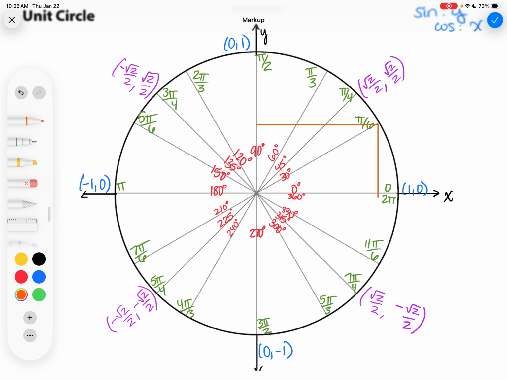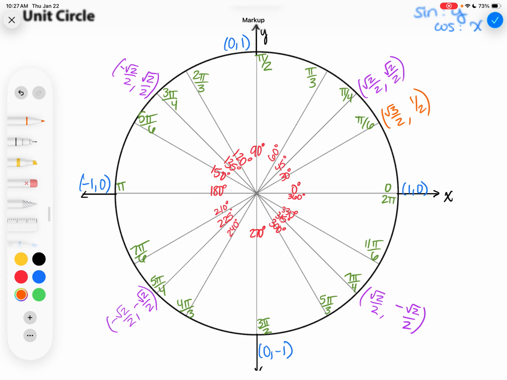And then this y value approximately looks like it's close to halfway between. So that means that the y value is going to be 1/2. The x value is root 3 over 2, which is approximately 0.866. Okay, so this value here is root 3 over 2 and 1/2.